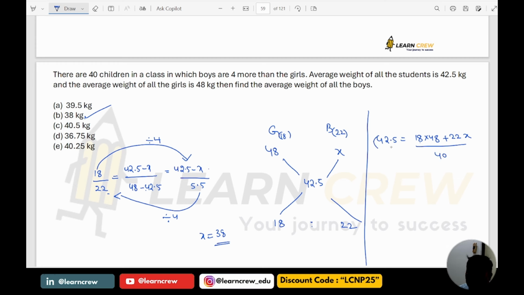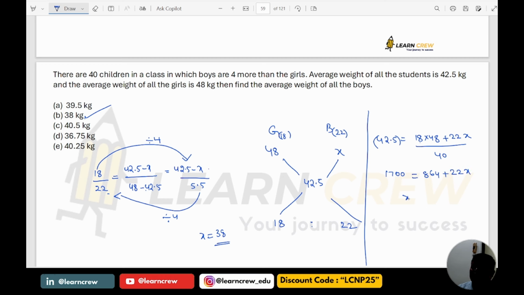So 42.5 into 40, which is how much? 1700. 1700 is equal to 48 into 18, which is 864, plus 22x.